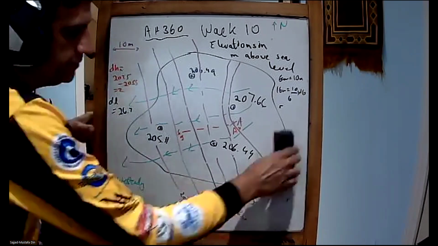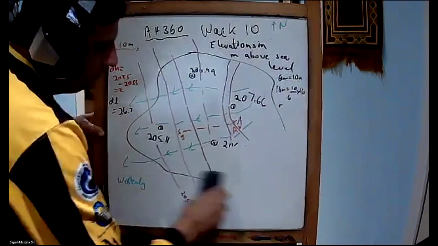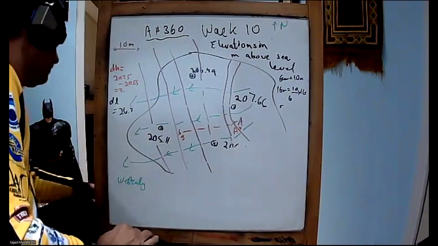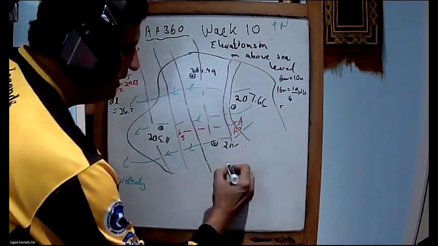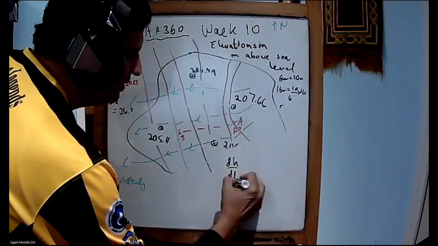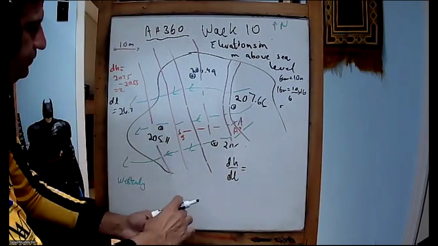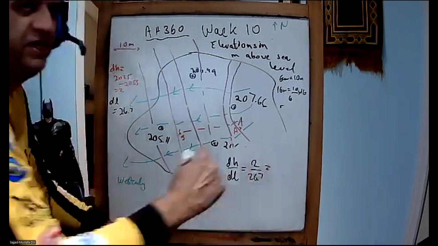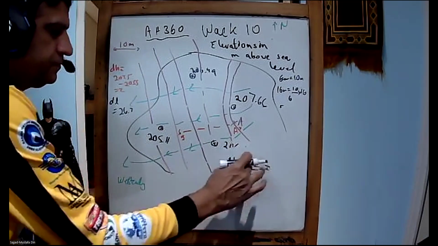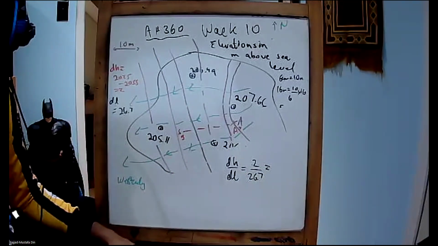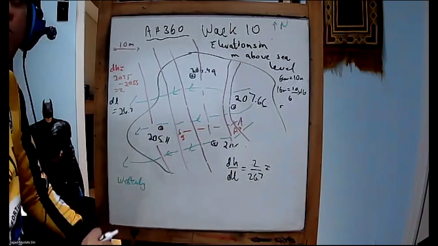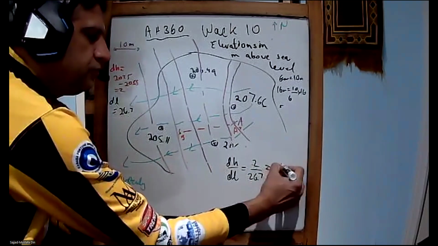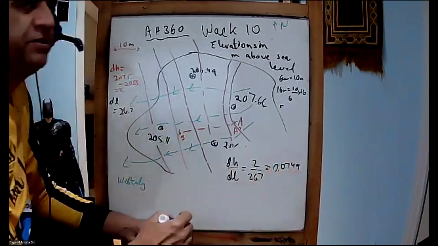So DH by DL, what is that going to be equal to? 2 divided by 26.7, which calculates to 0.0749 meters per meter.